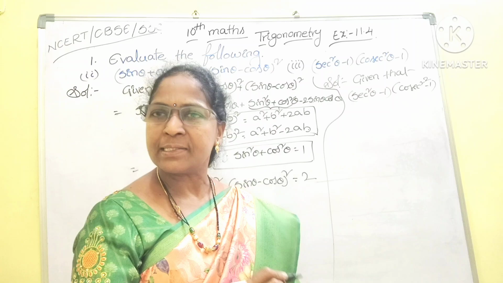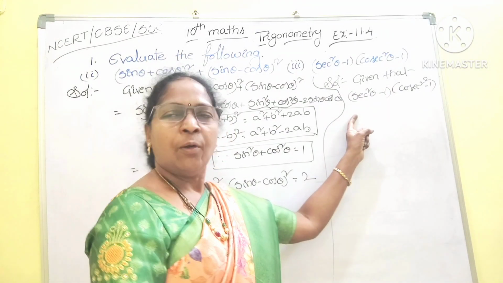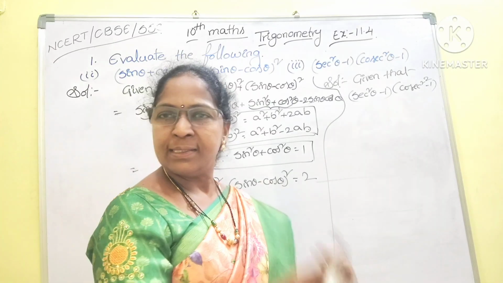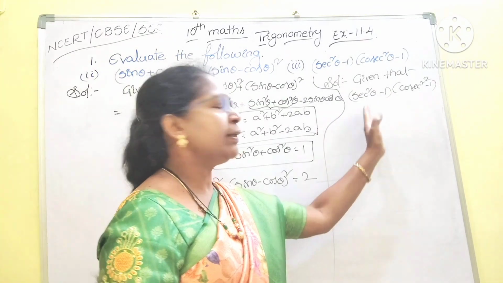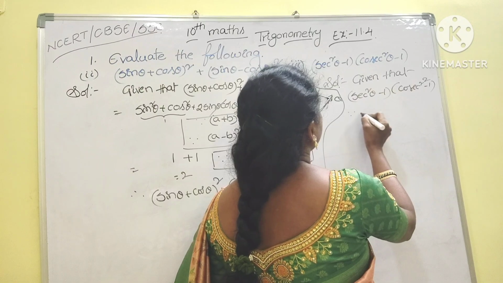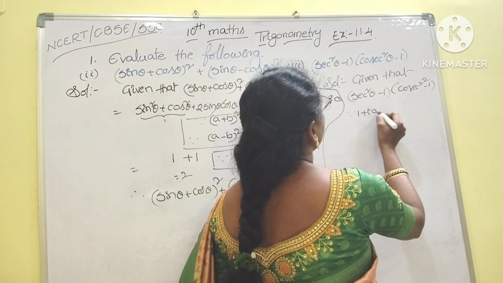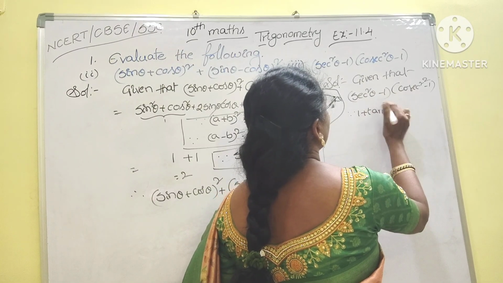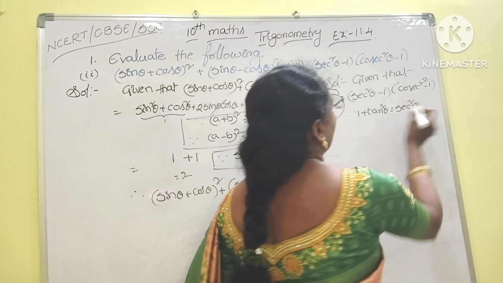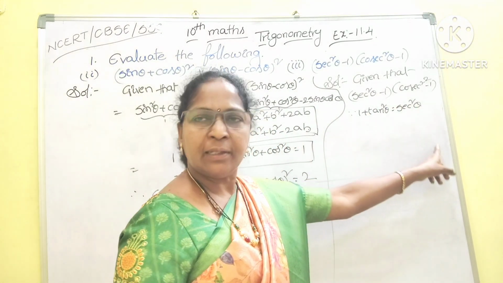These two multiplied equal to how much? Now, one of the identities we have is 1 plus tan square theta equal to secant square theta, where secant square theta minus 1 equal to tan square theta. Here you can apply 1 plus tan square theta equal to secant square theta. Now we want secant square theta minus 1.